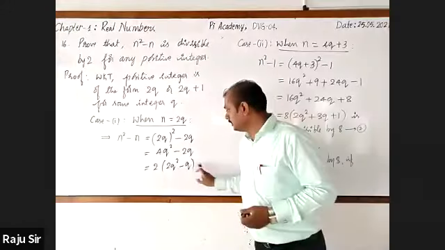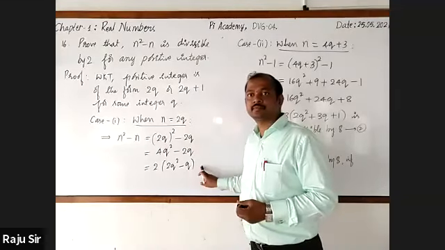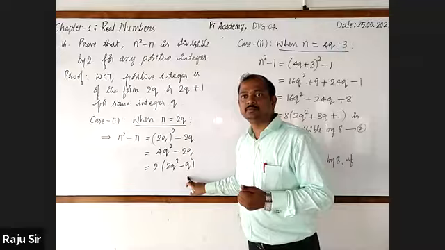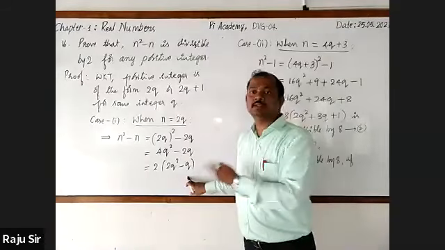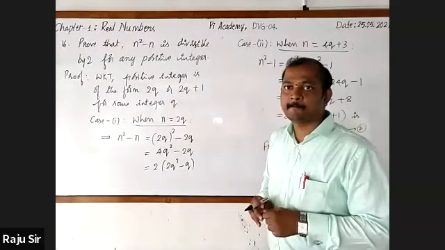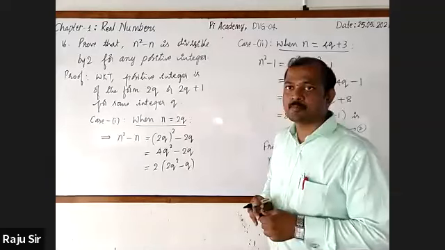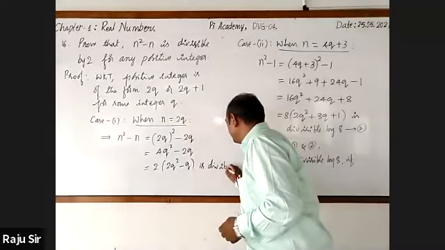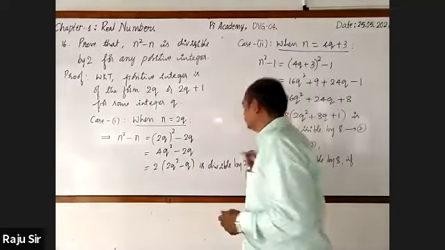See that here, what is the remainder? 0. And can we say that it is a multiple of 2? Yes sir. If it is a multiple of 2, then it is divisible by 2.